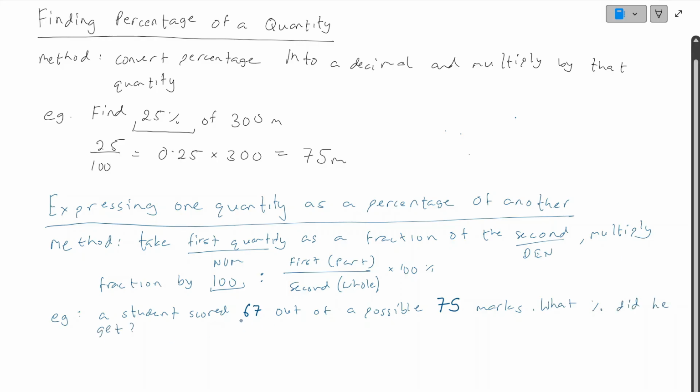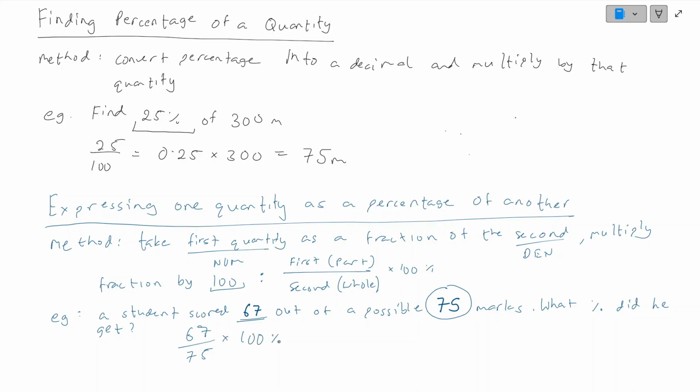For that, you take your first quantity as your numerator, so 67, and your second quantity as your denominator, 75, because this is the whole, this is the entirety of the paper, and this is the part, the amount that you got. Then multiply by 100%. And that gives you 89.3 recurring, which into three significant figures is just 89.3%.